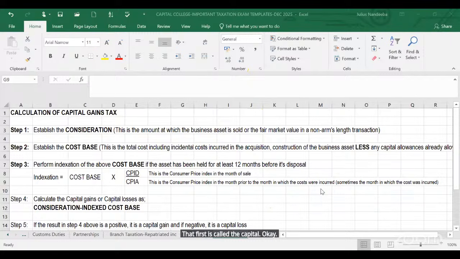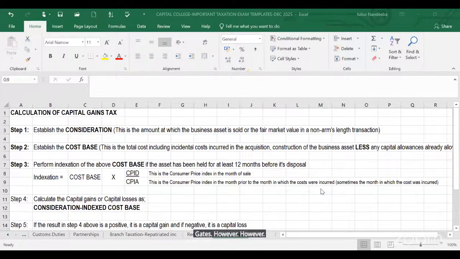When consideration is less than the cost base, you have made a loss. That loss is called the capital loss. Once you get a capital gain, the next thing is to apply 30% and get a capital gains tax, or tax on capital gains.